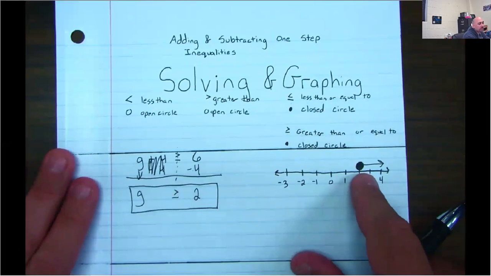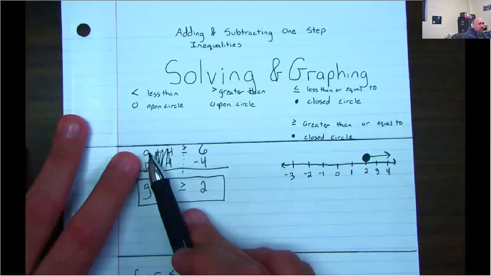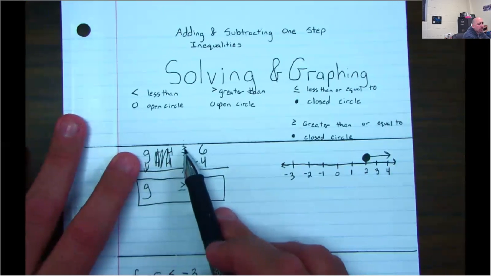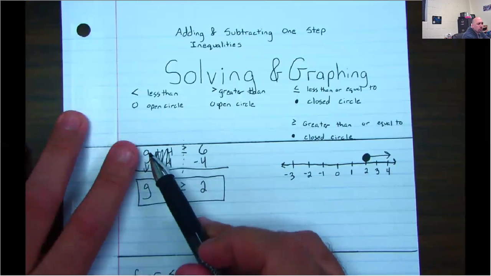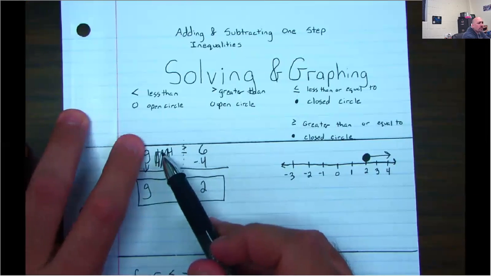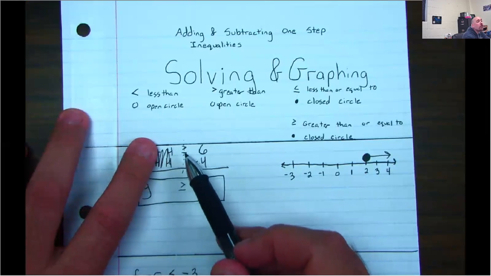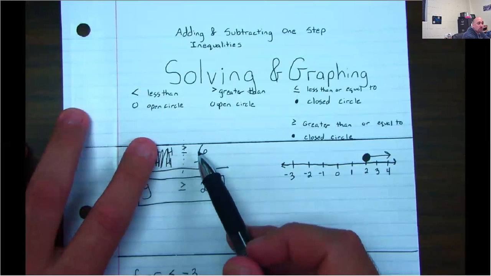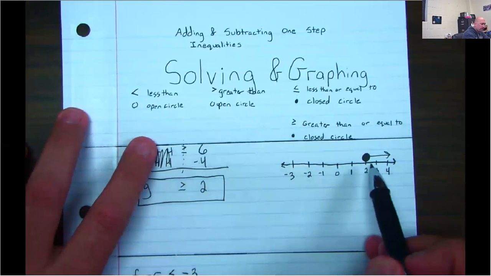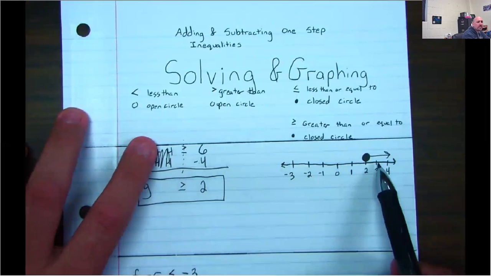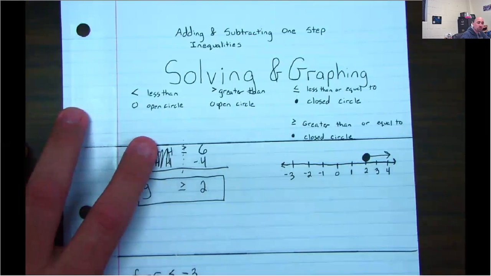Now here's how you plug it in to see if the answer works. We're saying some unknown number G plus 4 has to be greater than or equal to 6. So plug in a 2. 2 plus 4 is 6. Is 6 greater than or equal to 6? Yes, it is, so that's a true statement. It works. Now notice my arrow means any number 2 or bigger will work in my solution.